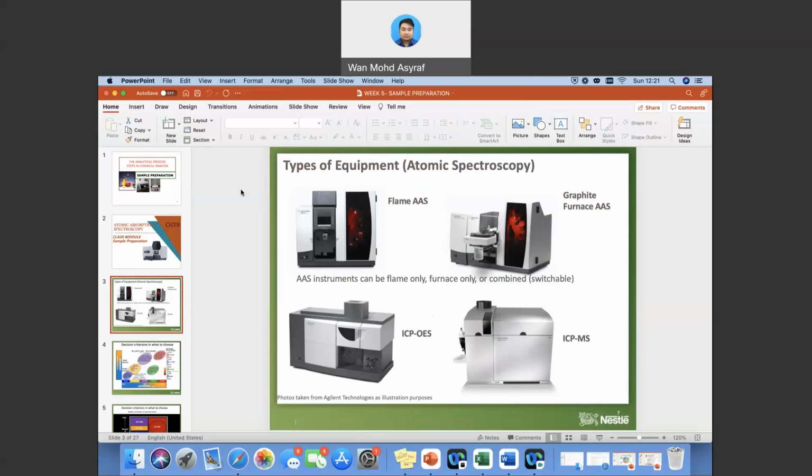If you still remember the diagram and the advantages of a graphite furnace, the sample preparation is minimized. But for flame AAS, you need your sample to be in a solution form. So you need to know whether you want to do flame AAS, graphite furnace AAS, ICP-OES or ICP-MS first.